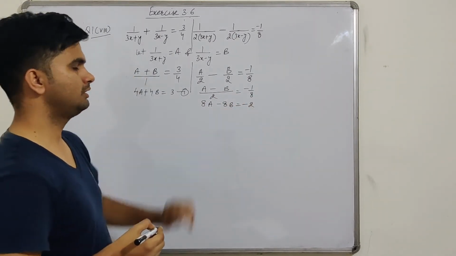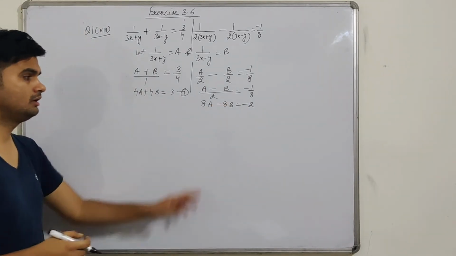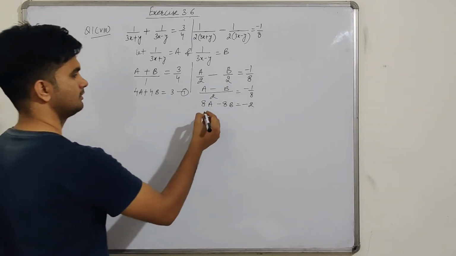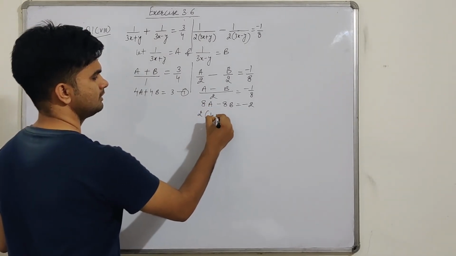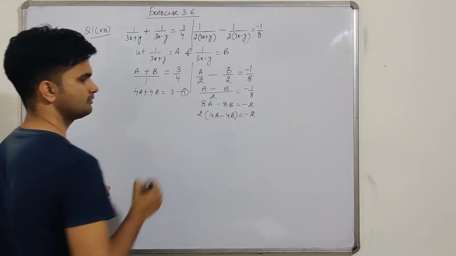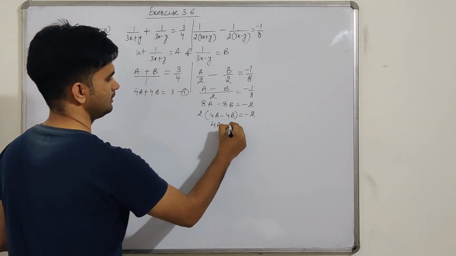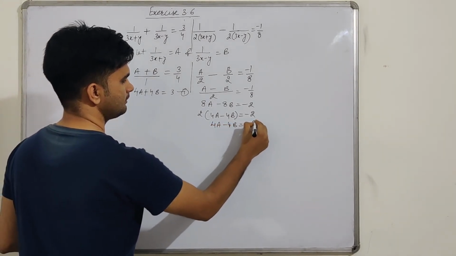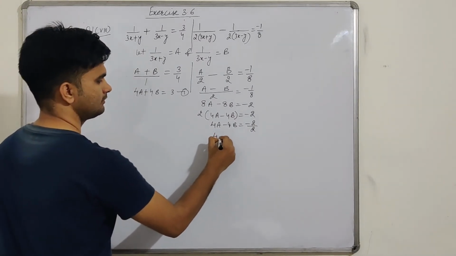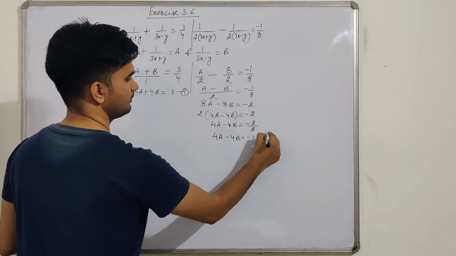We can take common between these two terms, we can take 2 outside. 4a minus 4b is equal to minus 2 by 2. So it is 4a minus 4b is equal to minus 1.